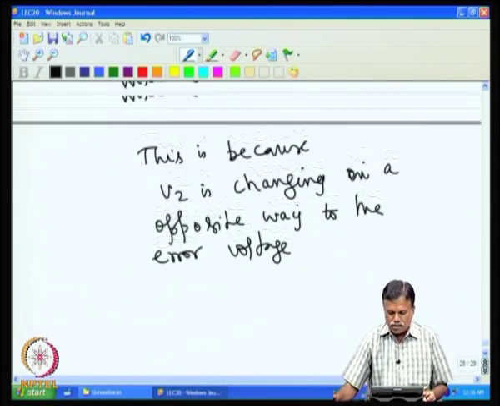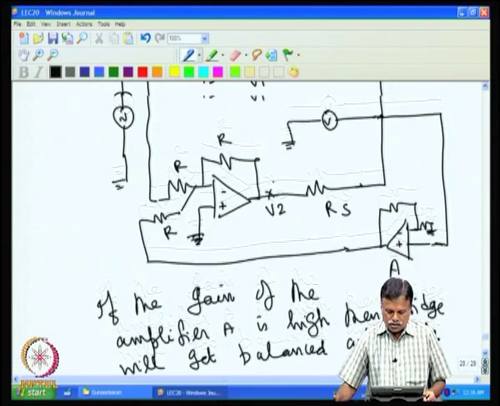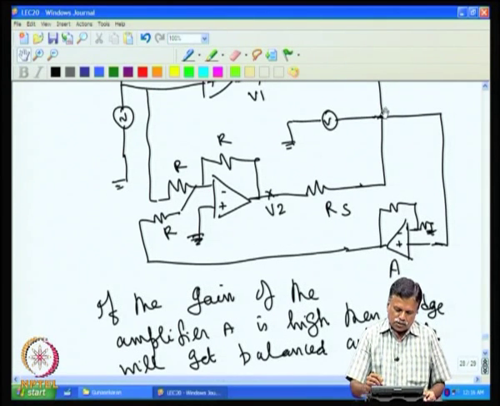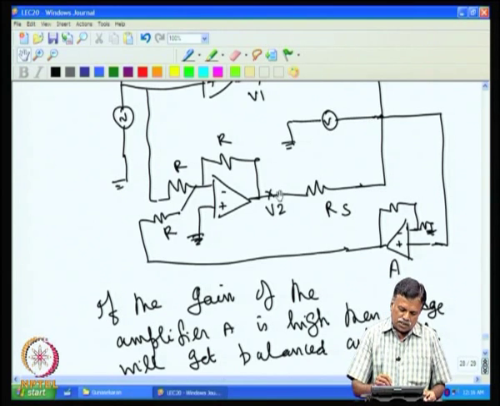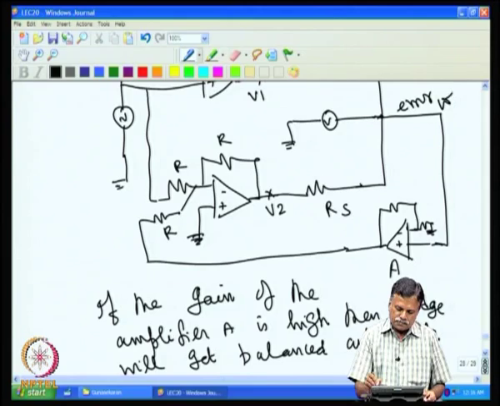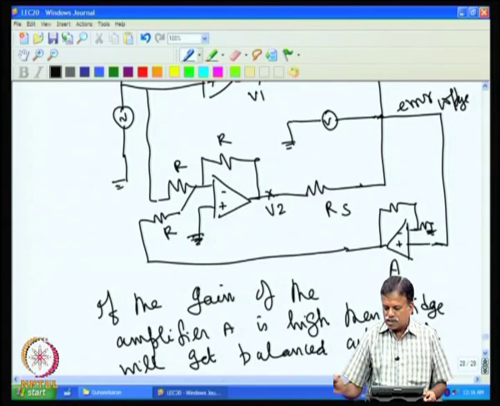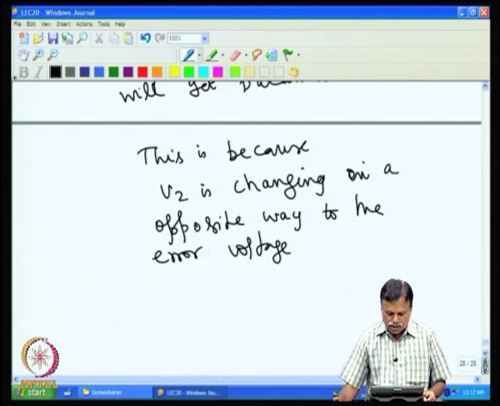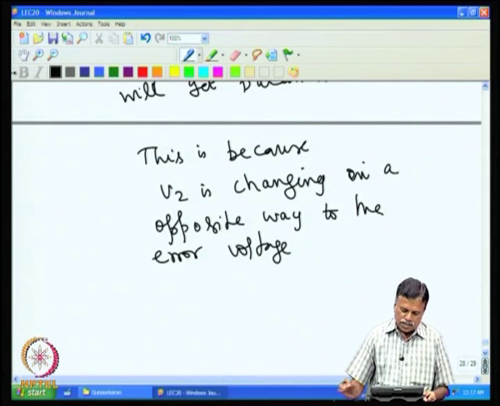This is considered as the error voltage. If the error voltage is more, V2 decreases. If this decreases, this increases. So we call this the error voltage at this point. The error voltage changes V2 in the opposite way, and that is why the bridge is balancing.